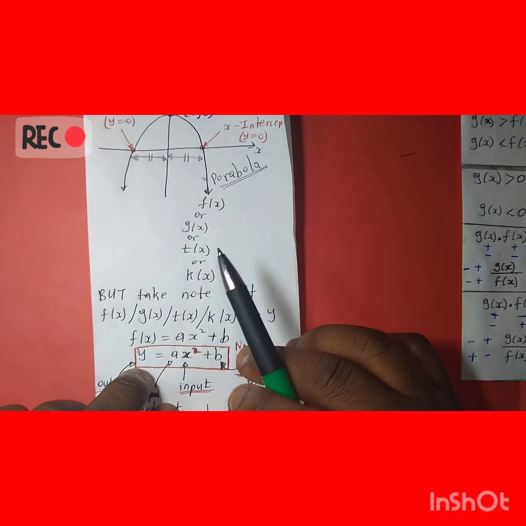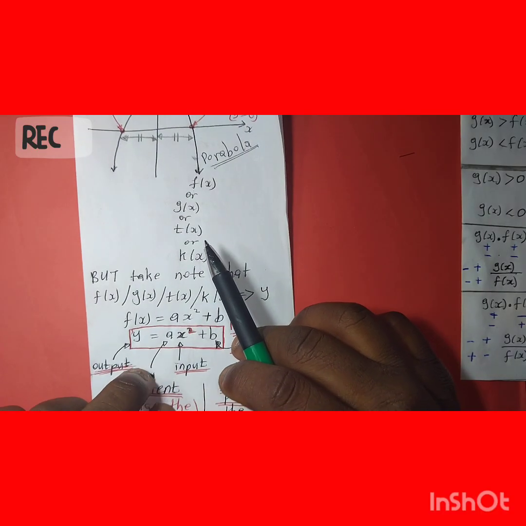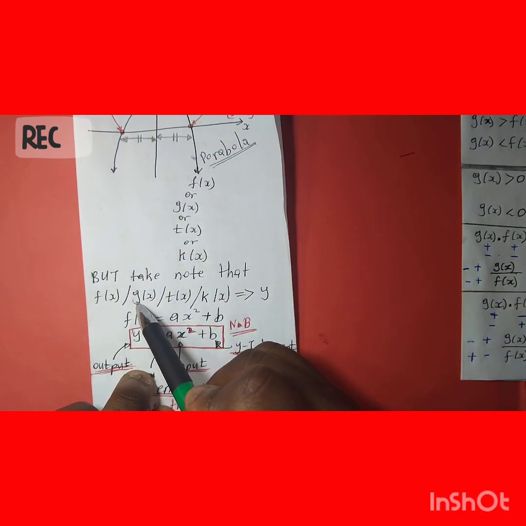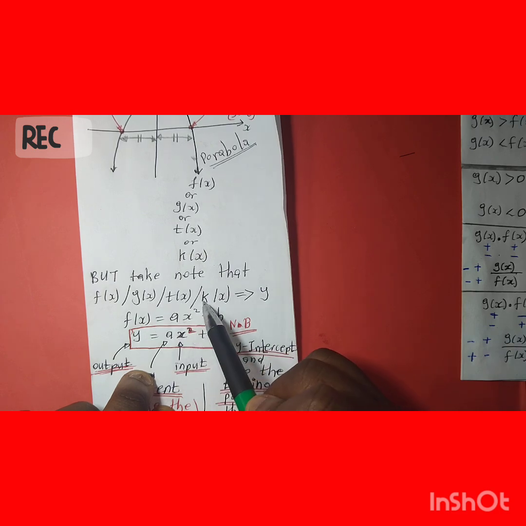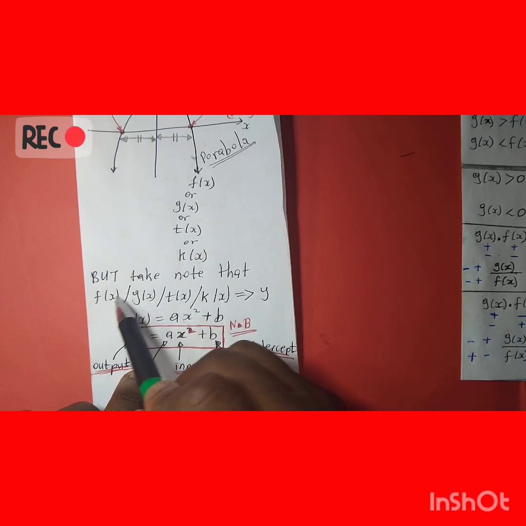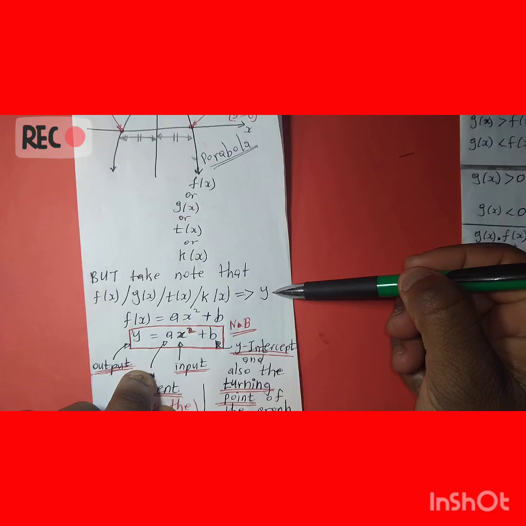But a key thing that you should understand is that when you see f of x, or g of x, t of x, k of x, all of those things, guys, they represent a y value.